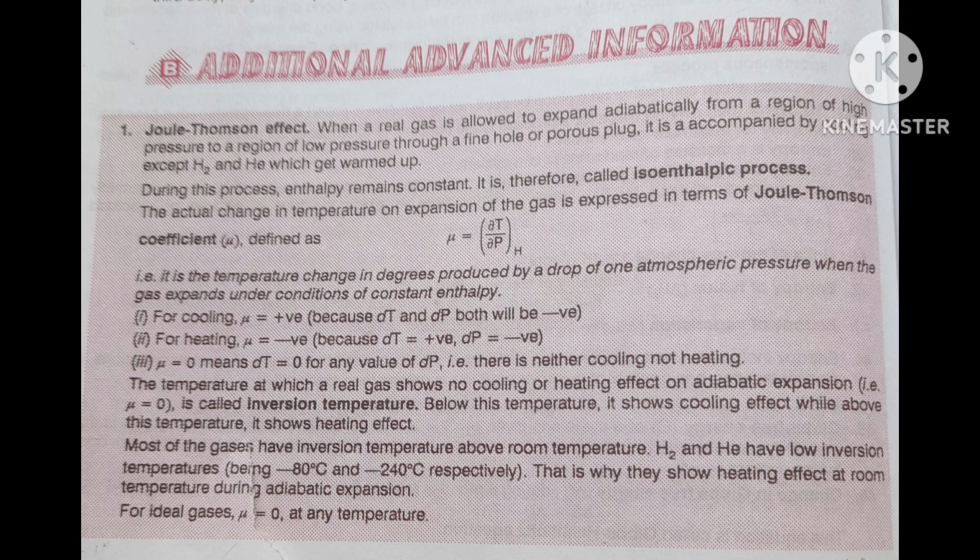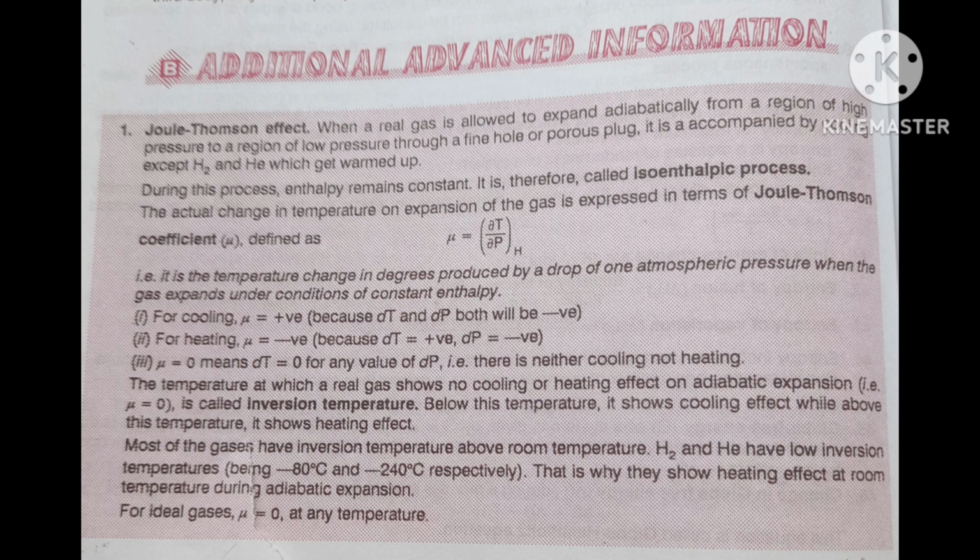Mu, the Joule-Thomson coefficient, is defined as the temperature change in degrees produced by a drop of 1 atmospheric pressure when the gas expands under condition of constant enthalpy. Delta T upon delta P.